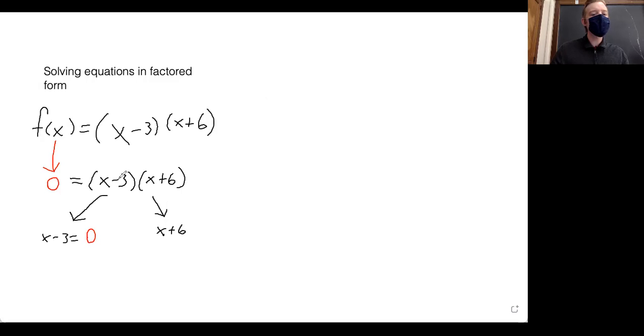Because if either one of these equals 0, then the whole thing is 0. But now we have two very simple equations to solve. If I have x minus 3 equals 0 and I want to get x by itself, all I need to do is add 3 on both sides.